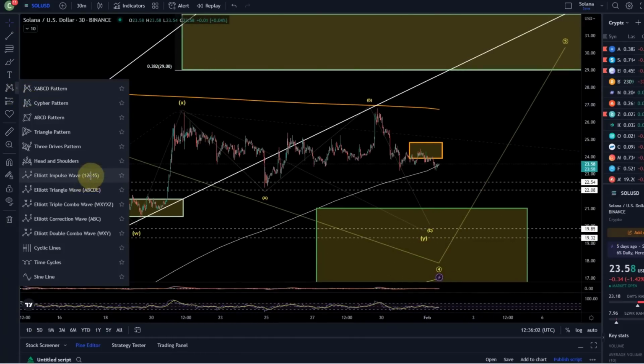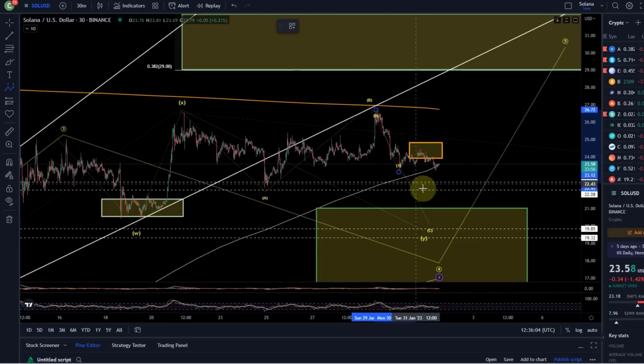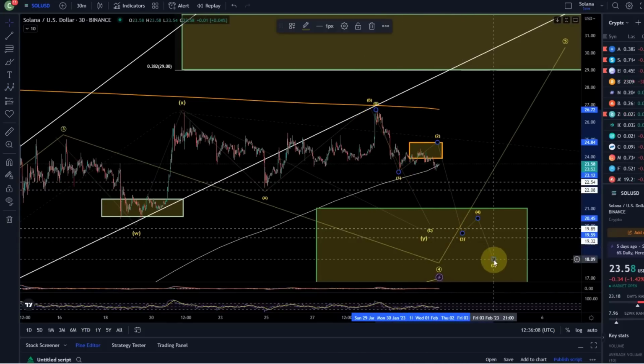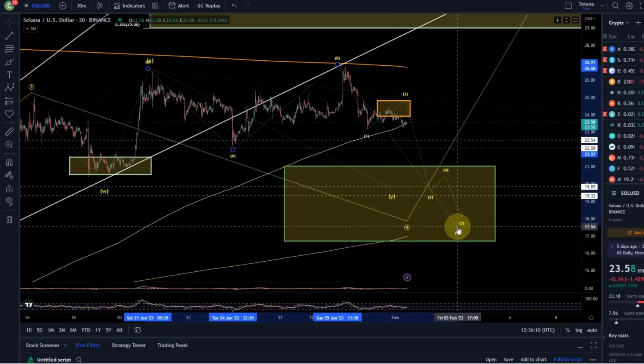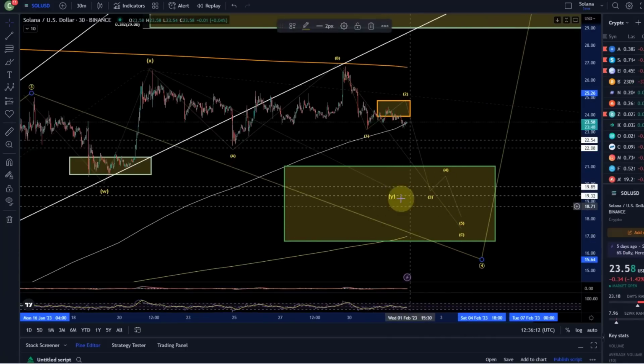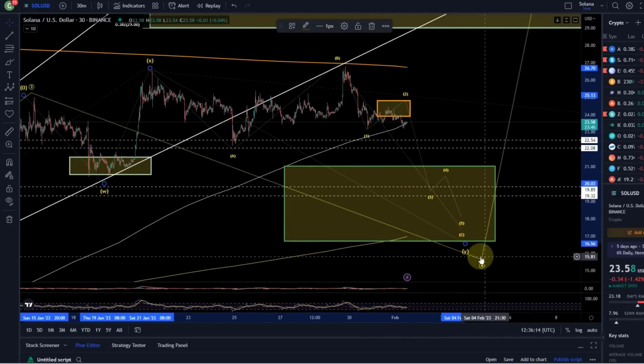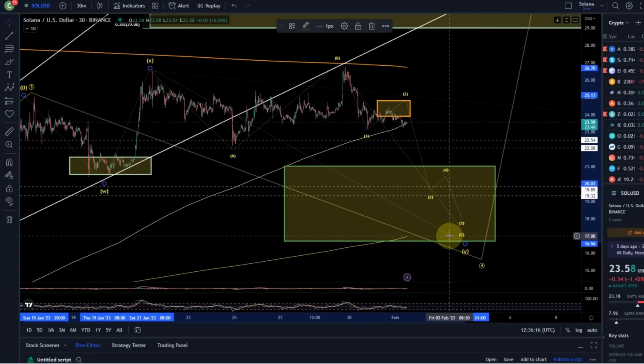Just to show that to you, wave 1 down, wave 2 up, wave 3 down, 4 up, 5 down, within the C wave, within Y, within 4. So again, don't be too confused if we have to change wave counts. Sometimes prices do something unexpected, so we may have to change the count.